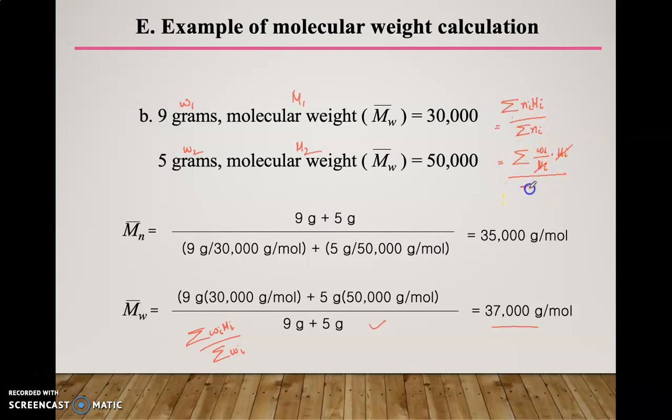In the denominator you have Ni, which again can be written as Wi by Mi. So the simplified formula is summation of Wi divided by the summation of the fraction Wi by Mi. That is what is done here, and we got the value as 35,000.